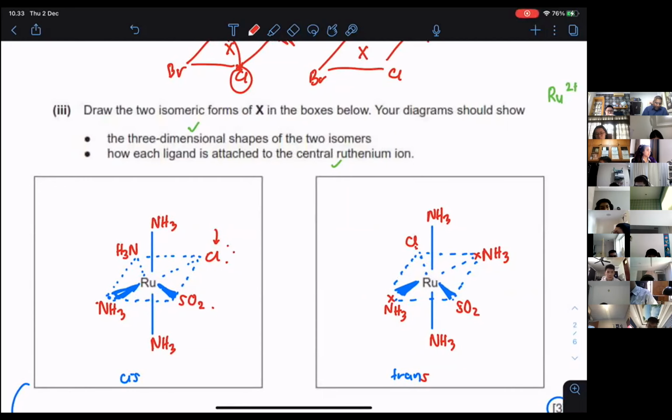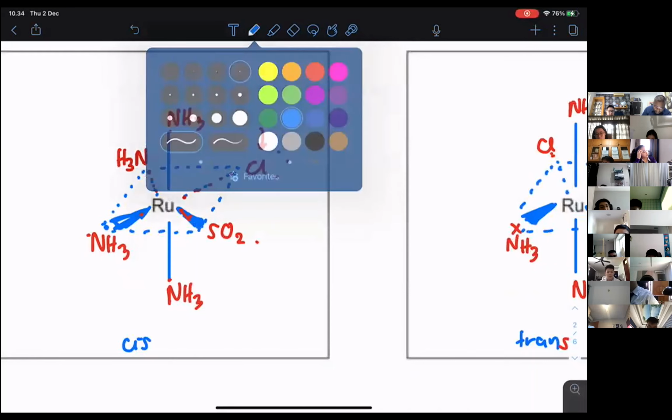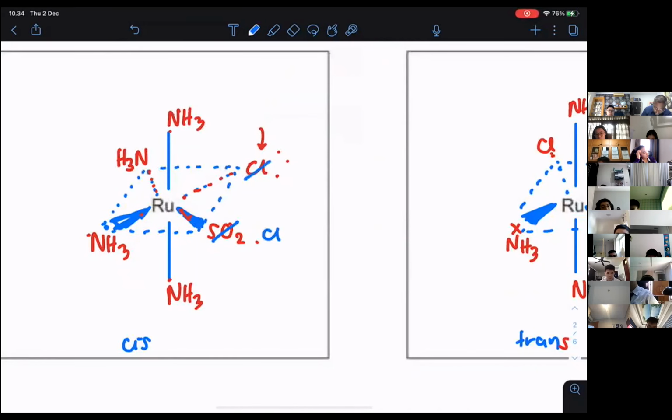You mean up and down? No, the shaded line. Which is the shaded line? Okay, this is the shaded line. Or this one? The blue, is it? Not the dotted line, but it switches position with the Cl. Oh, so you mean, if I change this into Cl, if I change this into SO2, is that what you mean?